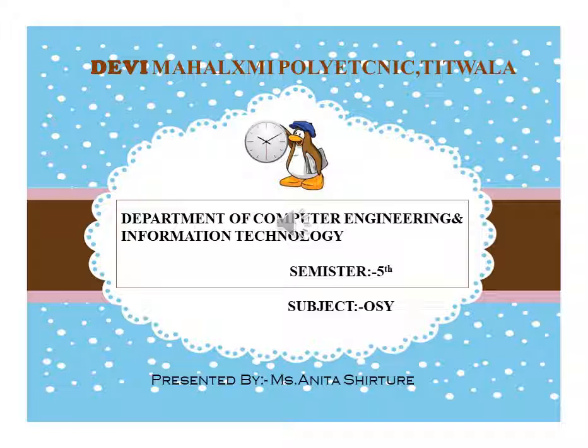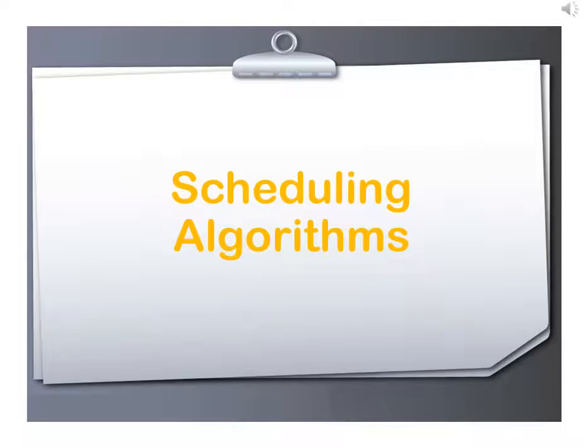In the previous lecture, we discussed scheduling. The learning outcome of this video is to understand the scheduling algorithms. CPU scheduling deals with the problem of deciding which of the processes in the ready queue is to be allocated the CPU.